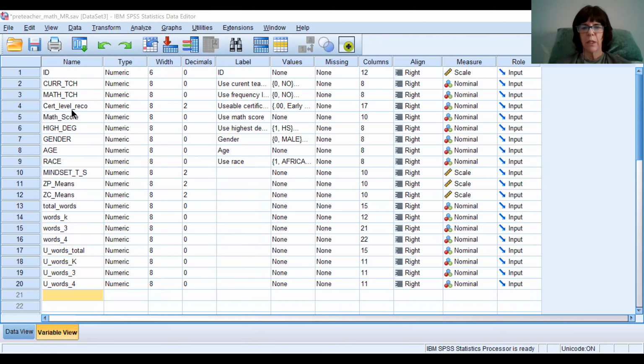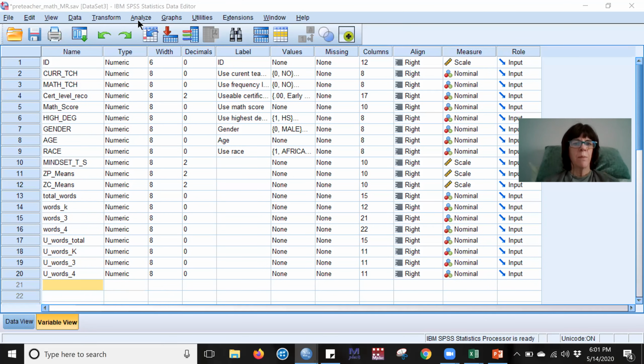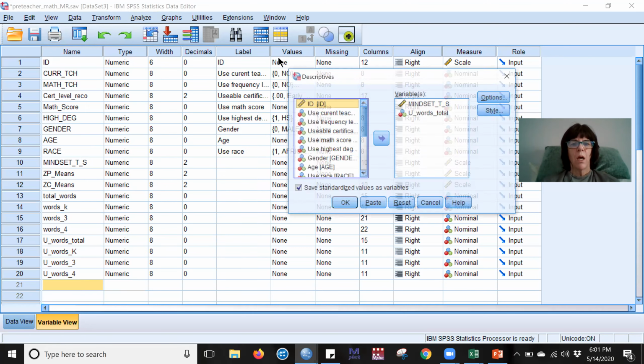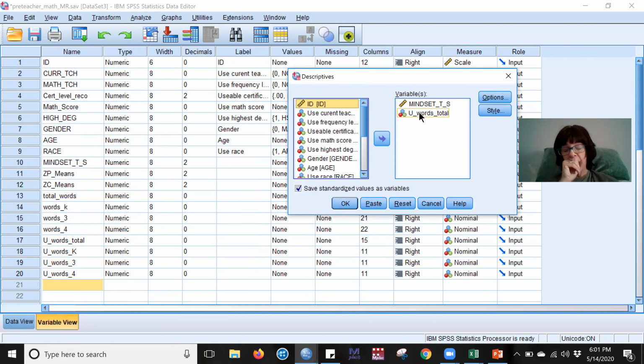Under the descriptives menu, you can see that if you describe these two variables, the variables that I'm interested in starting for the correlational analysis is the relationship between mindset and the unique words used. So if we look at these two, one of the options here is to save standardized values as variables. Those will be your z-scores. And so we can tell that this is okay.